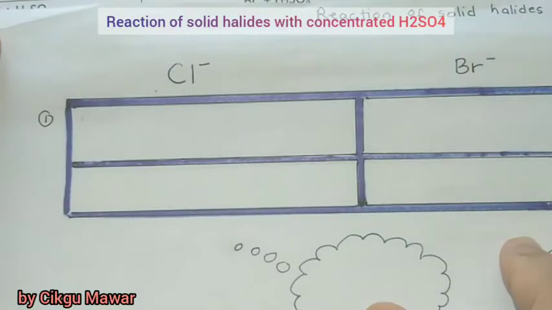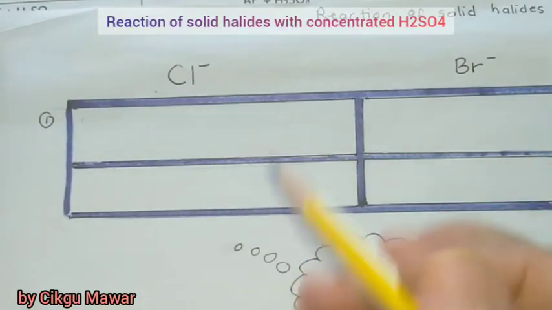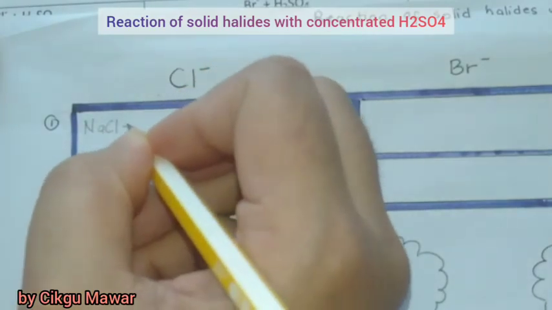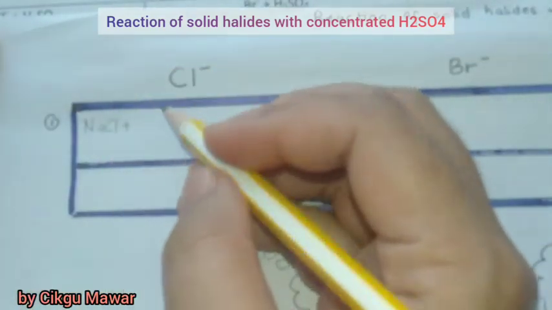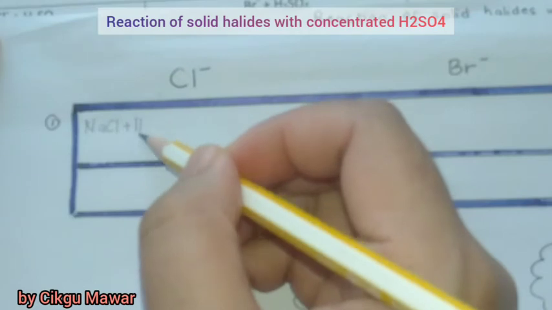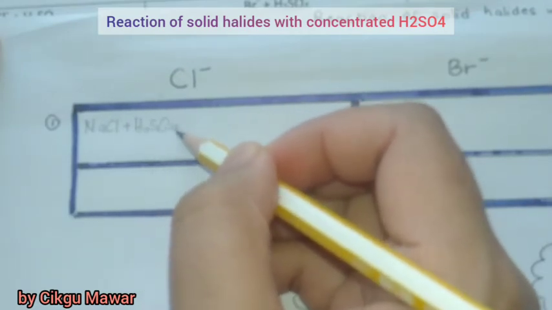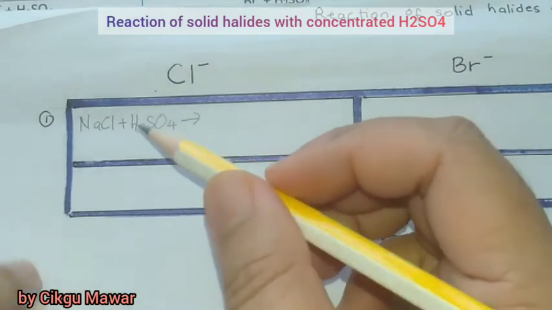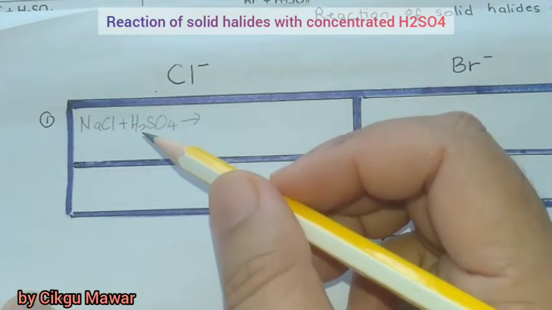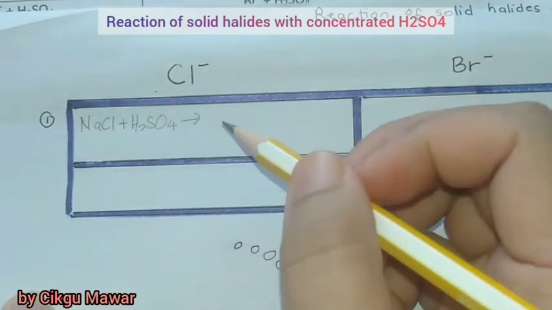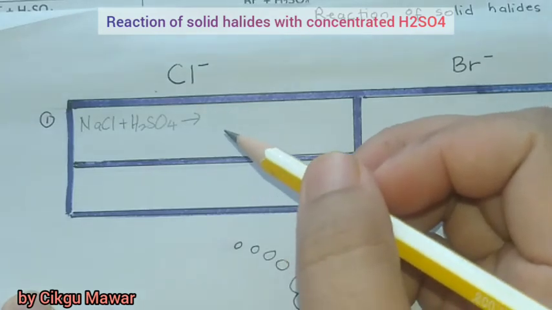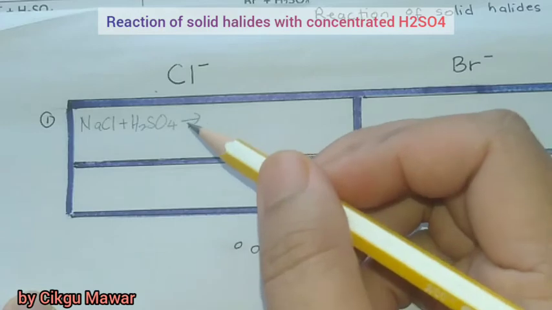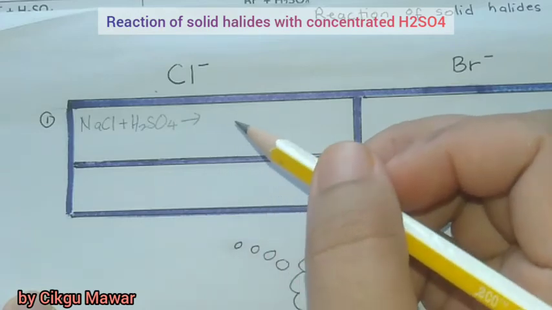Now we refer to the displacement reaction for sodium chloride with sulfuric acid. What is the product formed? Because sulfuric acid is a diprotic acid, it will undergo two dissociations.